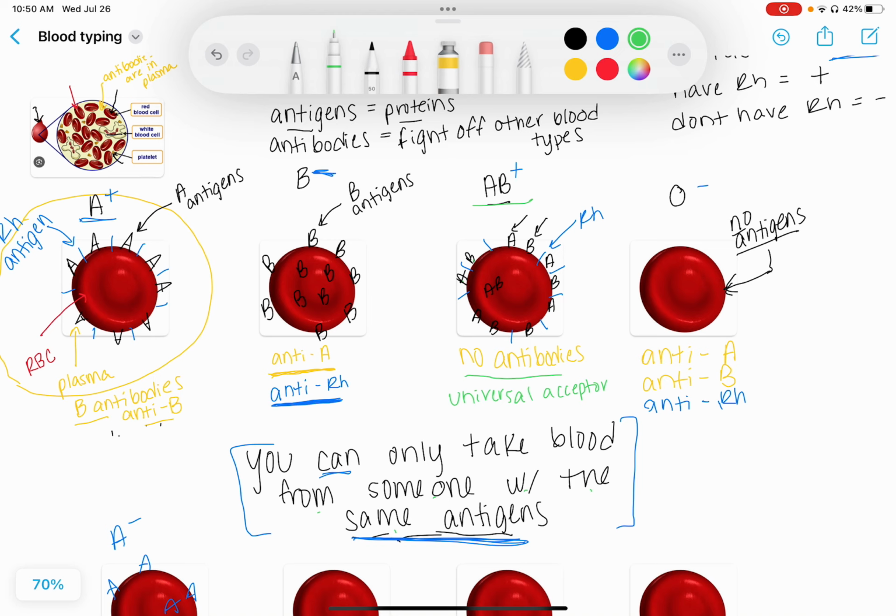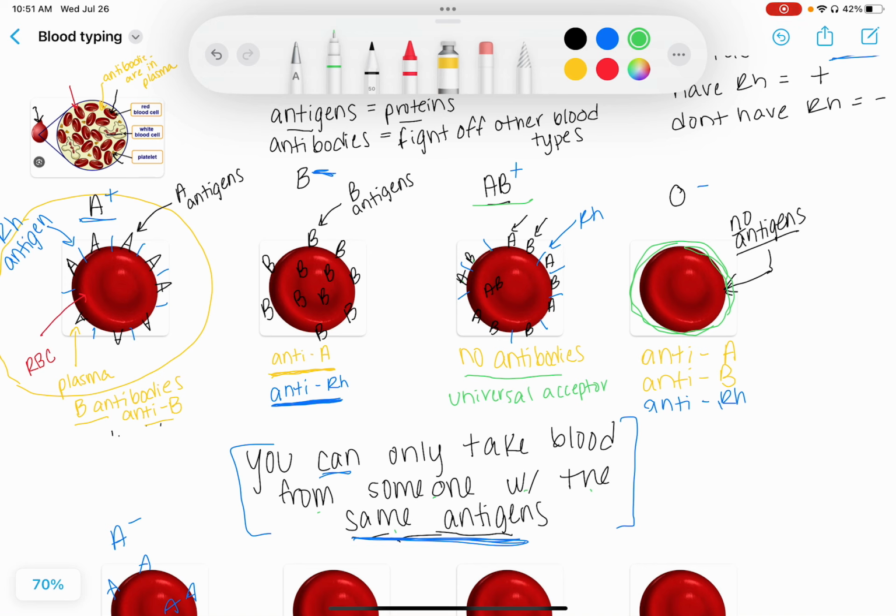A universal donor is a blood type that can give blood to anybody, right? They can donate blood to anybody. And so what that means is, if you look at O negative blood, it has no antigens on it.